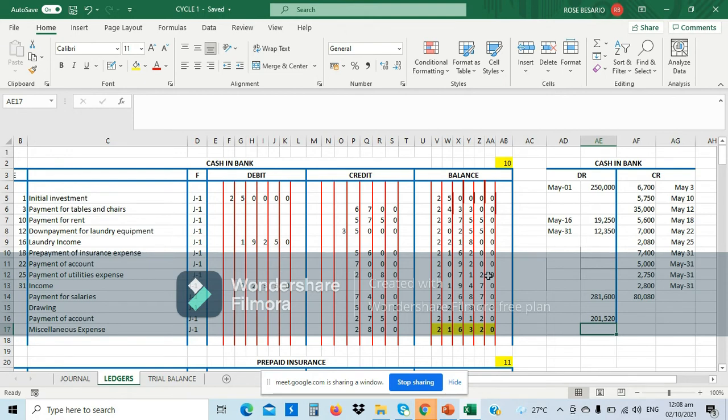We have 237,550 minus 35,000. We have 202,550 plus 19,250. We committed an error here. It is 204,475. Then minus 5,600. So this is equal to 198,875.